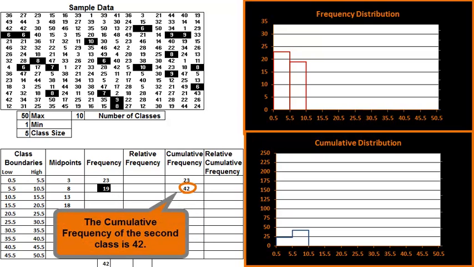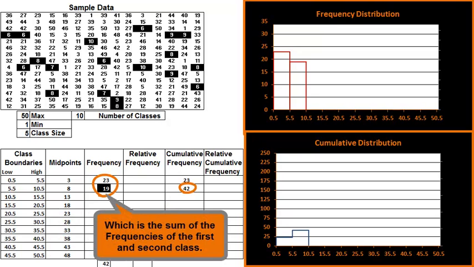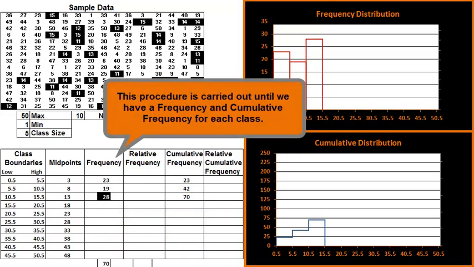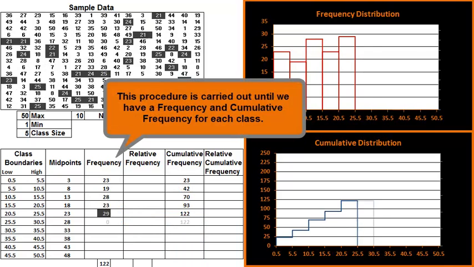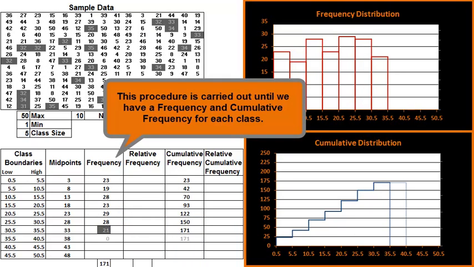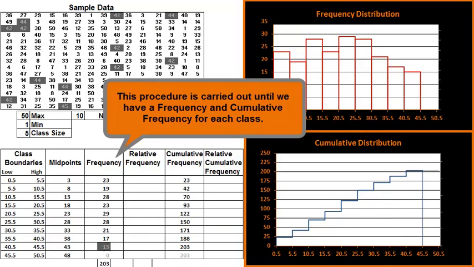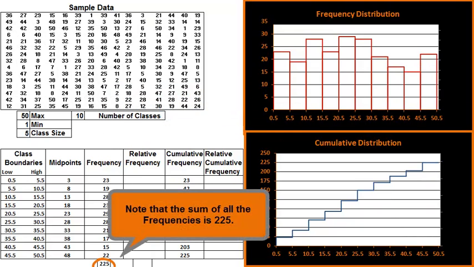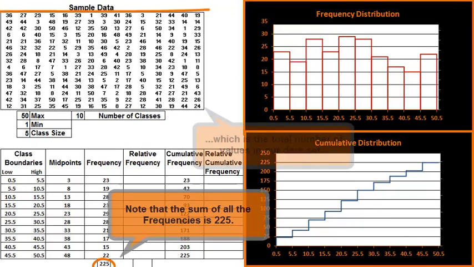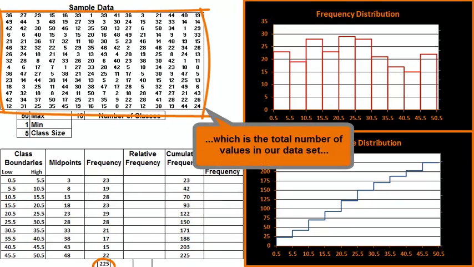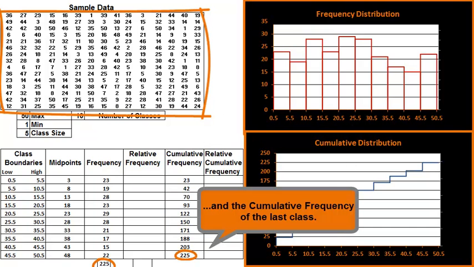The cumulative frequency of the second class is 42, which is the sum of the frequencies of the first and second class. This procedure is carried out until we have a frequency and cumulative frequency for each class. Note the sum of all the frequencies is 225, which is the total number of values in our data set, and the cumulative frequency of the last class.